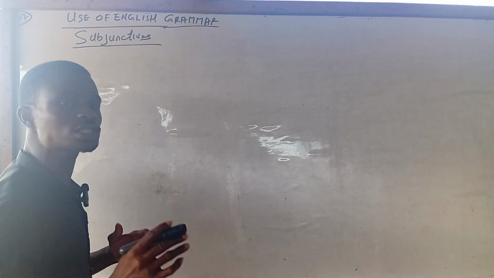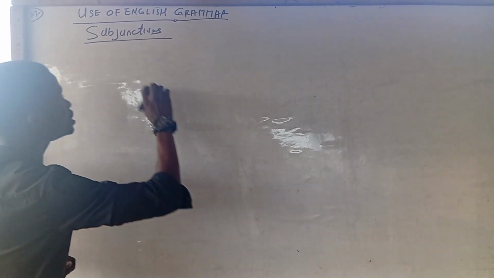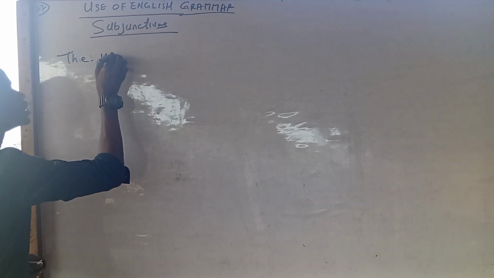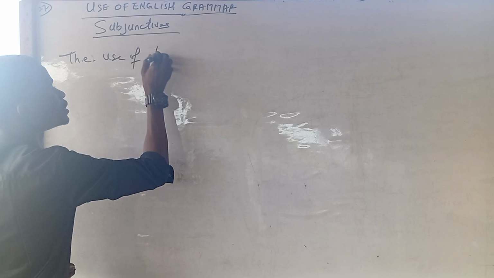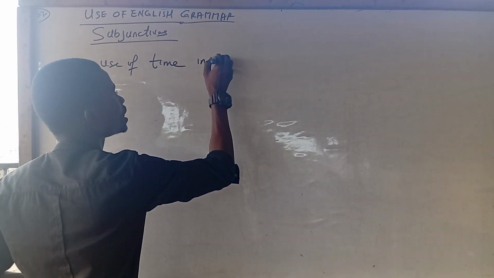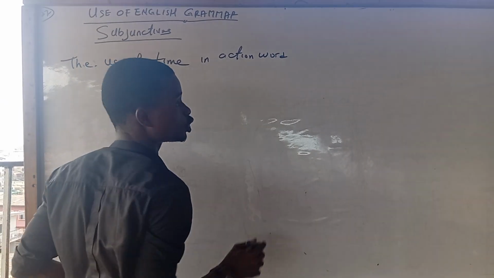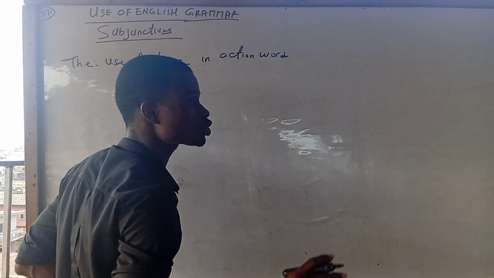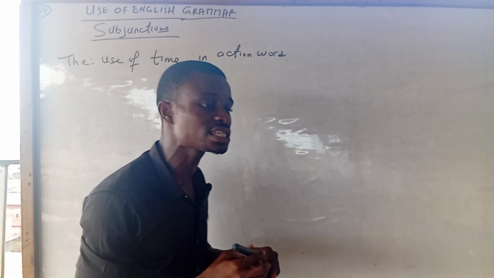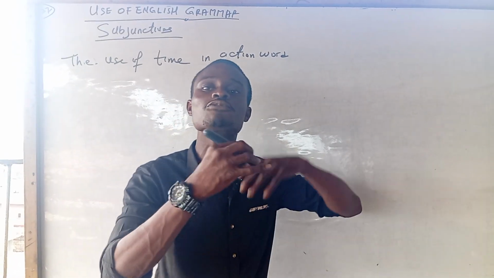So, first of all, what is subjunctive? Subjunctive simply means the use of time in action words. Or we can also call it a form of verb that expresses uncertainty, a form of verb that expresses future ideas.